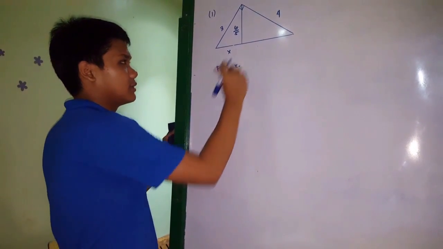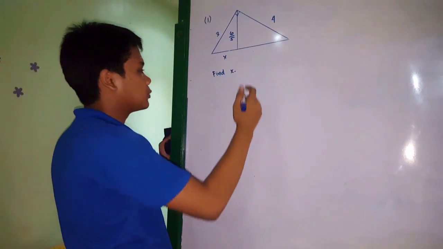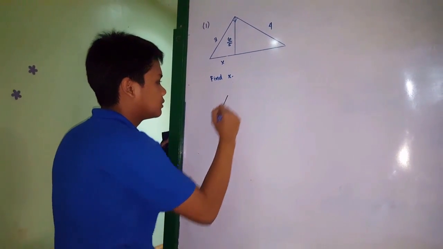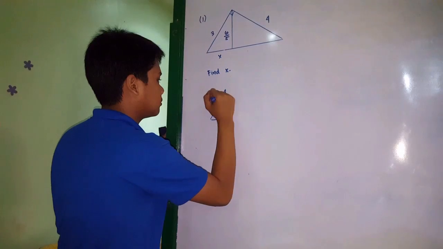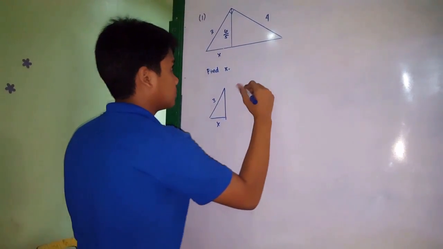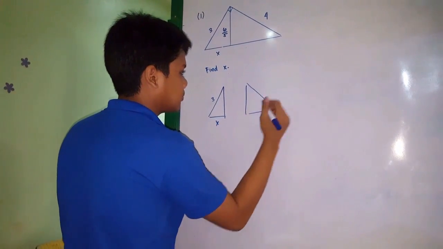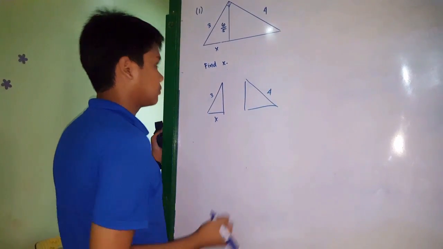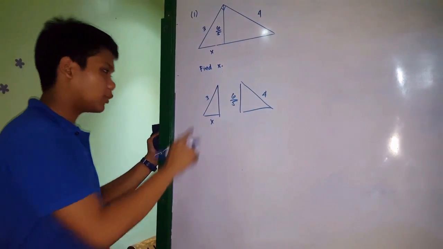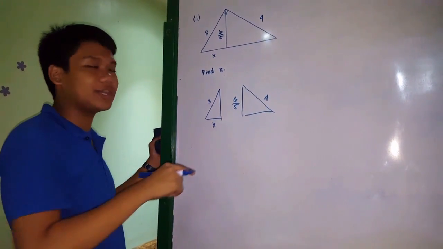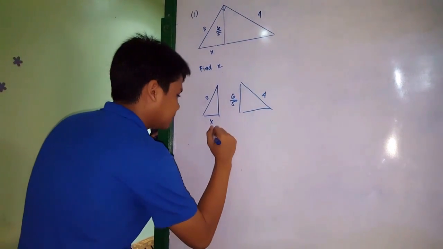First, we need to separate the two triangles created by the altitude. I'm going to flip this so that we can find the corresponding sides.